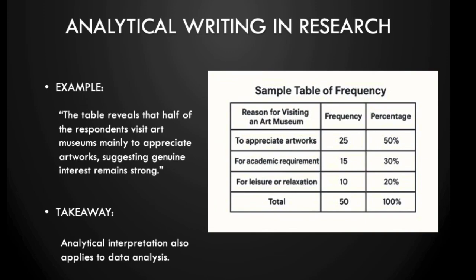In research, we use these interpretive verbs in interpreting results. For instance, the table reveals that half of the respondents visit art museums mainly to appreciate artworks, suggesting that genuine interest in art remains a strong motivation among visitors.